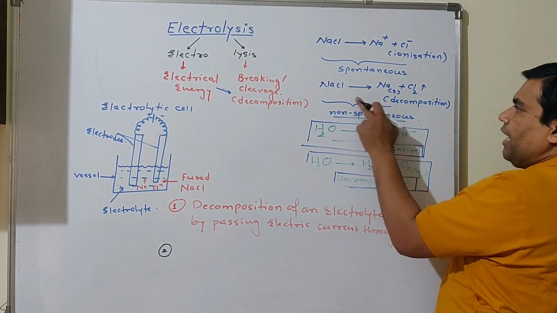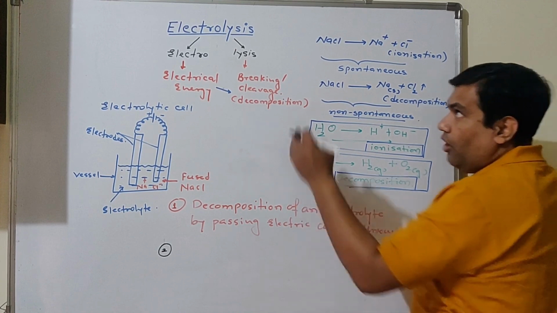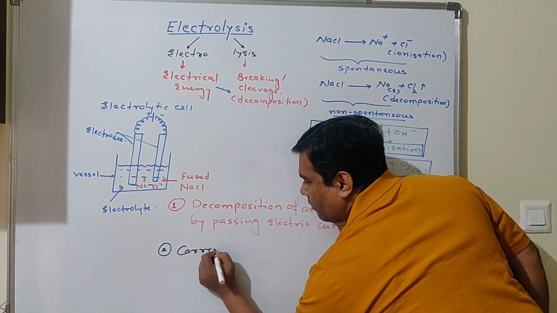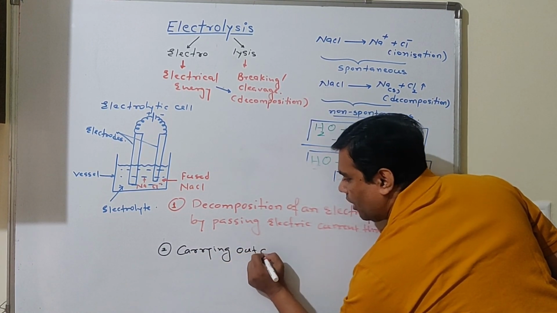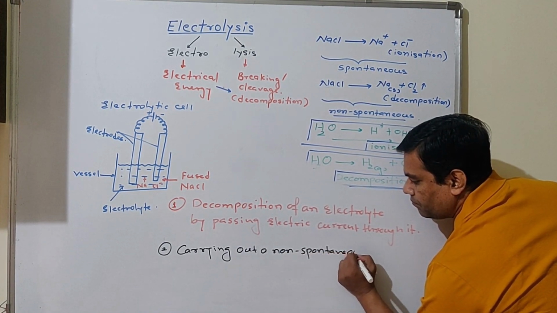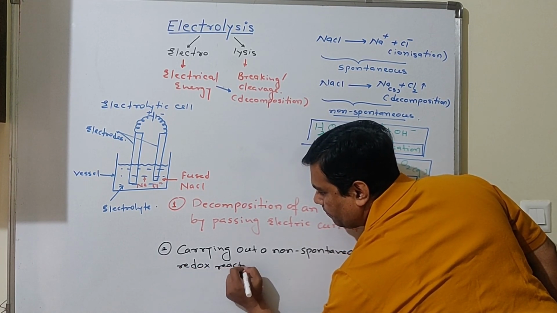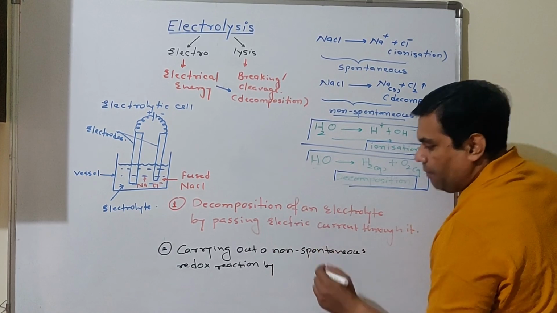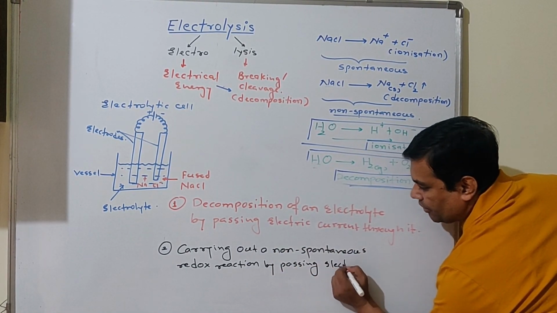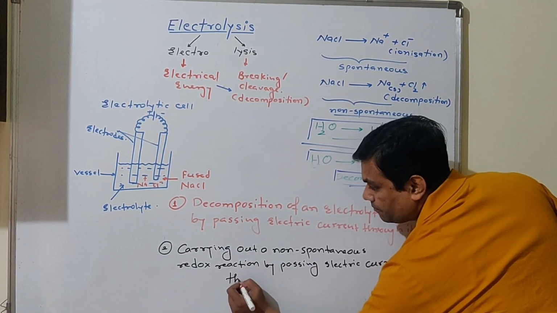Another definition: what we are doing here is carrying out a decomposition, that means we are carrying out a non-spontaneous redox reaction. So electrolysis can also be defined as carrying out a non-spontaneous redox reaction by passing electric current through it.